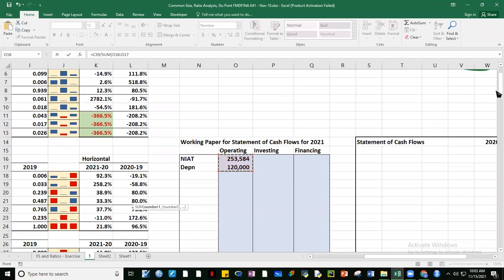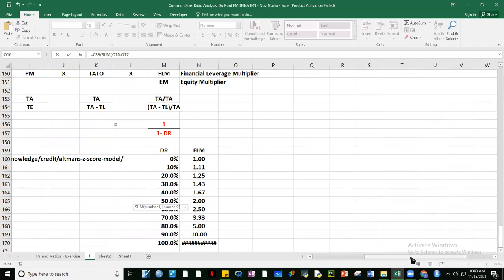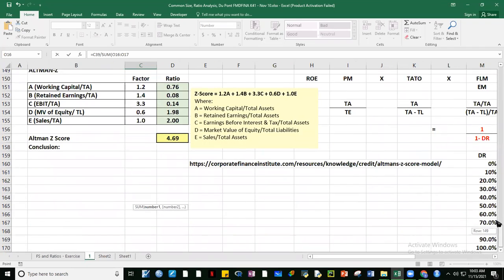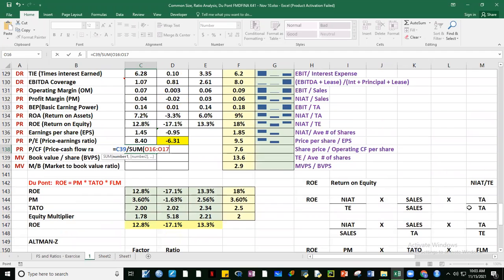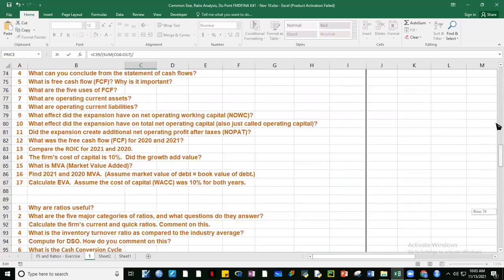So this is our operating cash flow. Wait, operating cash flow per share. This is lacking. Our operating cash flow per share. So divided by the number of shares.